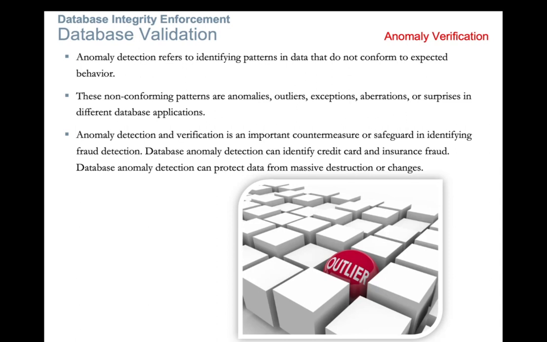So, database anomaly detection can identify credit card and insurance fraud. Database anomaly detection can protect data from massive destruction or changes. Anomaly verification requires verification of data requests or modifications when a system detects unusual or surprising patterns.